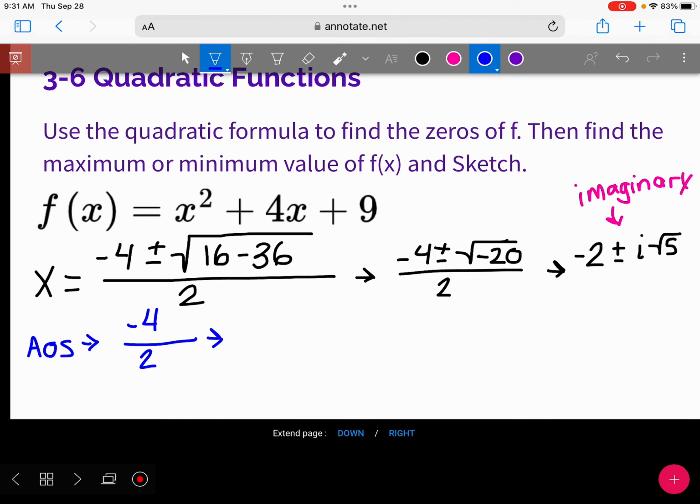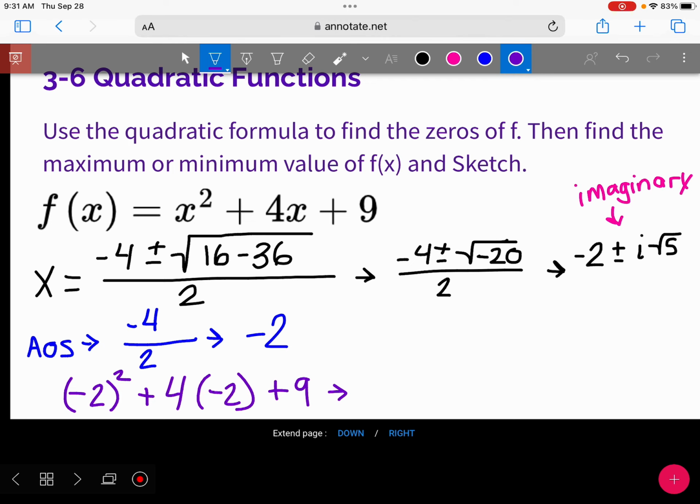So the x value of our vertex is what? Negative 2. To find the y value of our vertex, we plug it in. Negative 2 squared plus 4 times negative 2 plus 9.